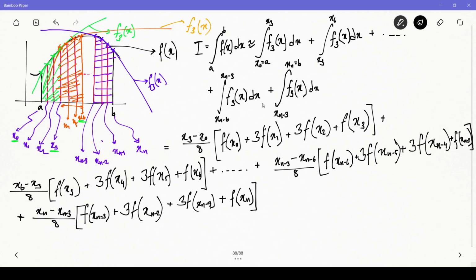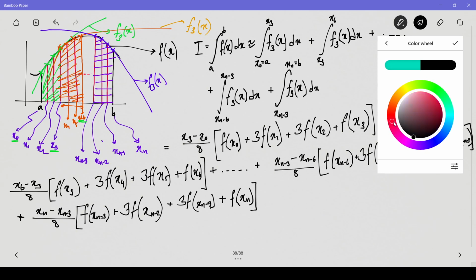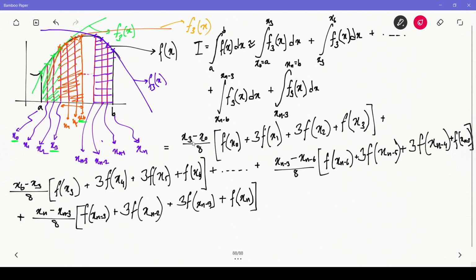Fine. Okay, so now that we have completed writing the expanded version of all of these terms after applying the formula, our job is to find out a more compact representation of the formula for our benefit. Okay, let's see how we can do that. In order to do that, we need to perform some simple algebra. So notice that x3 minus x naught is what? 3h, right? Because this whole thing over here has a width of 3h.